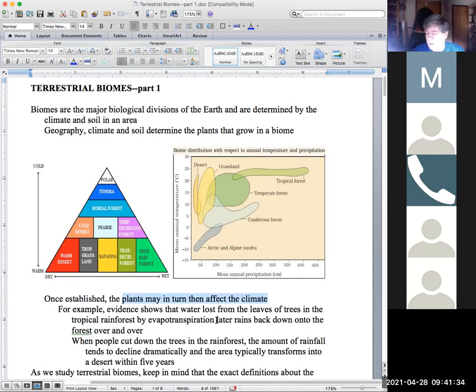Africa is really noticeable just because the Sahara Desert is right north of most of the rainforest in Central Africa. If you look at images of Africa from the sky, you can see the Sahara Desert going further and further south, and you can see the rainforest retreating in front of it. And it's not really the desert pushing the rainforest out. It's the rainforest being cut down and then gradually turning into desert.